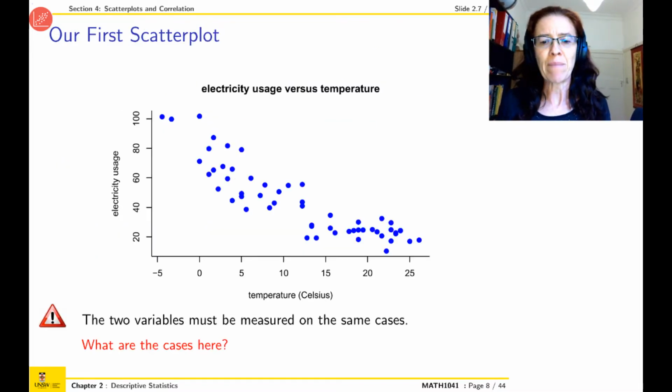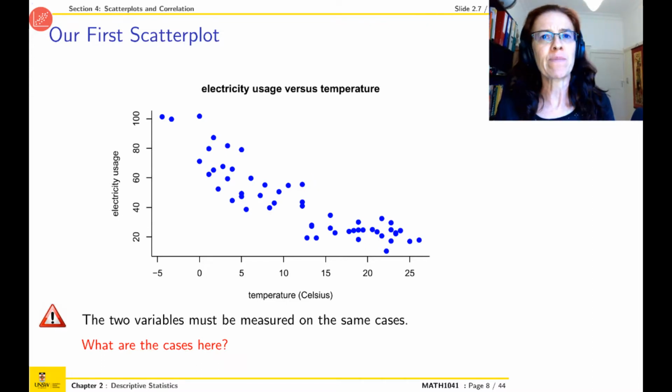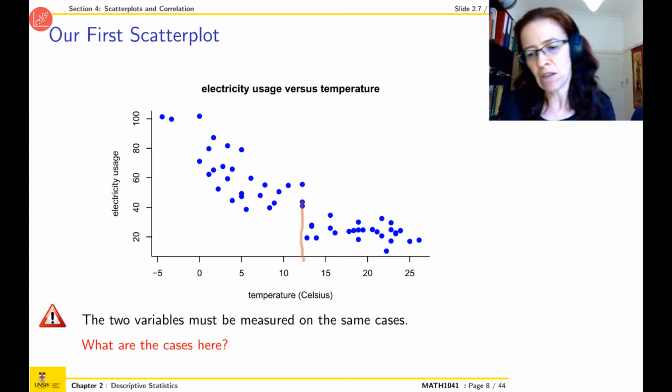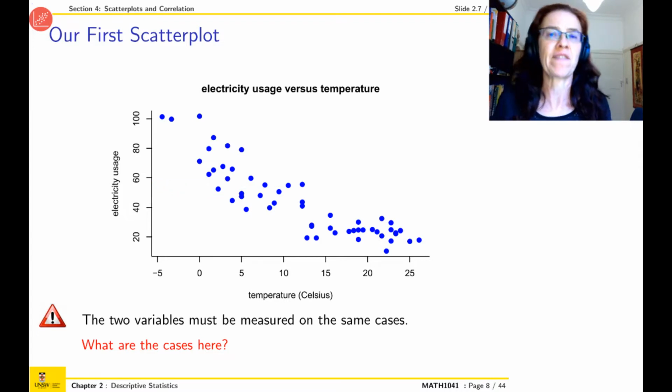Here is your first example of a scatter plot. Each dot here corresponds to one family. For example, if I look at this family, the temperature inside their house is something like maybe 12 degrees, and the amount of electricity they're using is close to maybe 55.